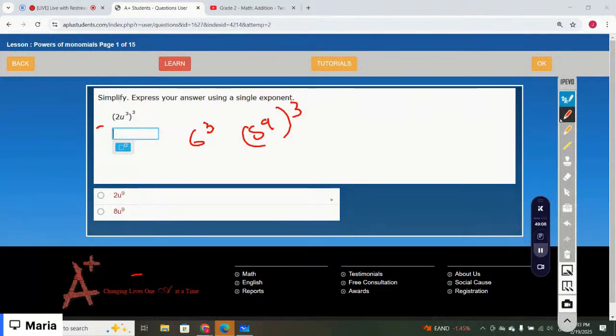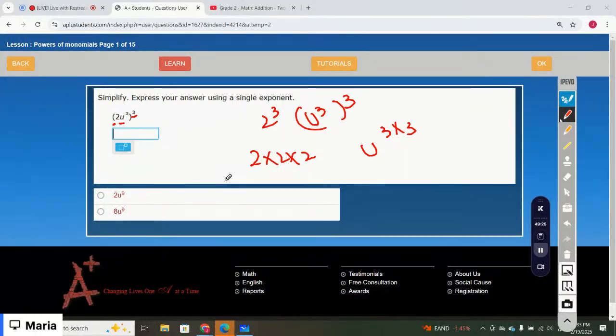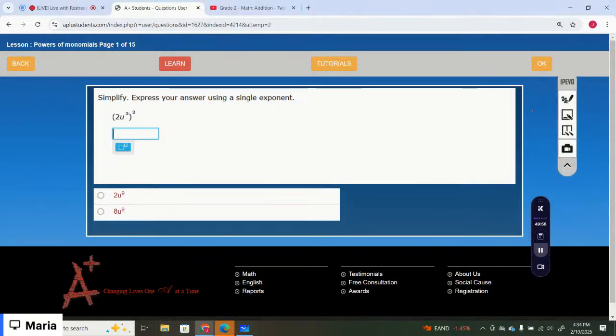So this 3 is the exponent. That is 8u^9. Option number 2 is the correct option. That is 8u^9.